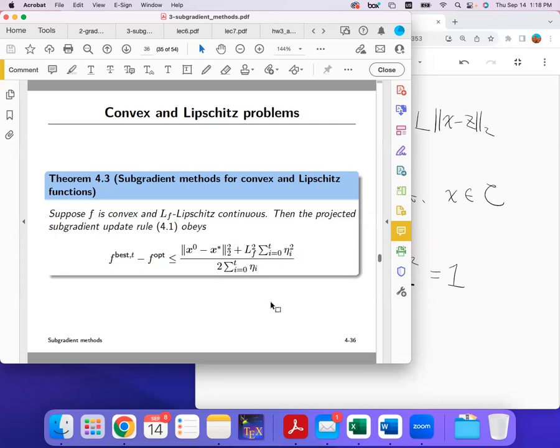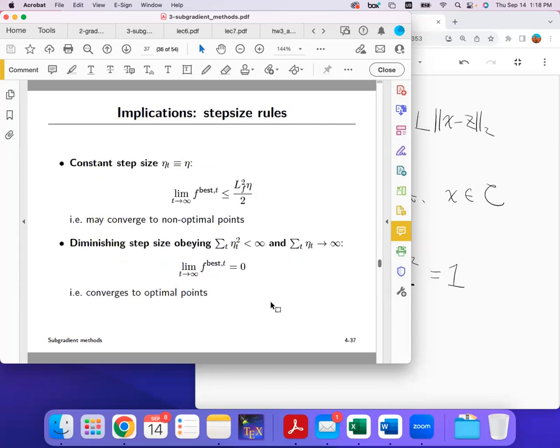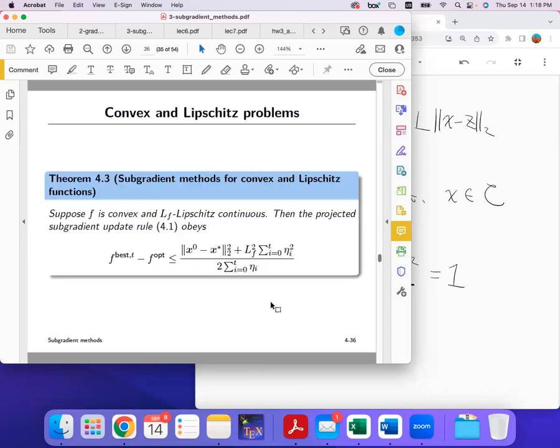And the derivation is exactly the same, but you just follow the previous derivation without plugging in the Polyak step size. Instead, you just keep it as a general eta t. And the question is, can we choose any practical eta t, so that the right-hand side can still diminish at a certain rate?